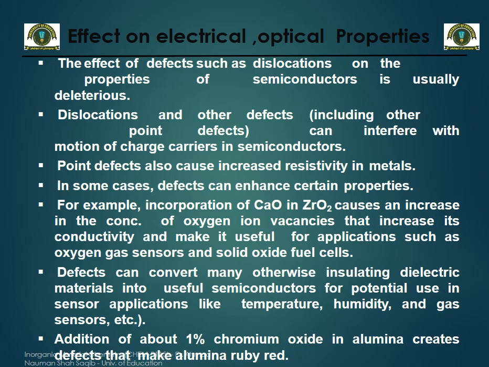This is actually the importance of crystal defects: when calcium oxide is incorporated with zirconium oxide, it results in an increase of oxygen ion vacancies. That also increases the conductivity. So this is a beneficial point.